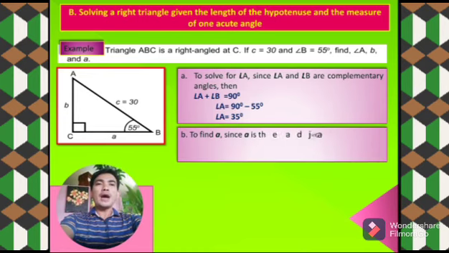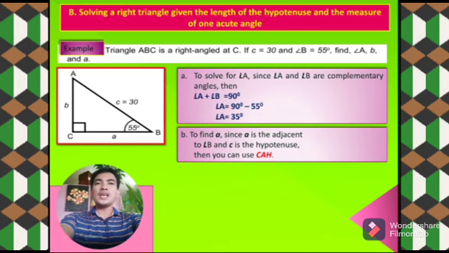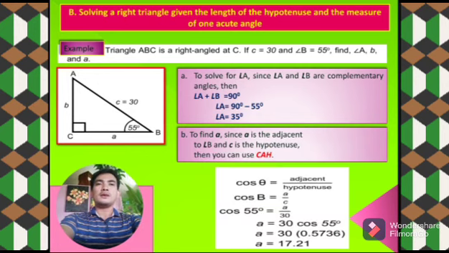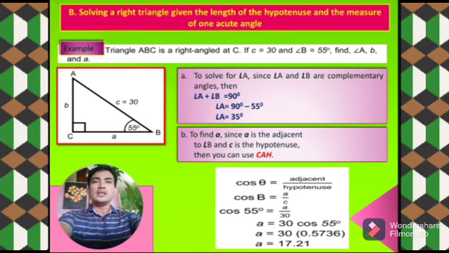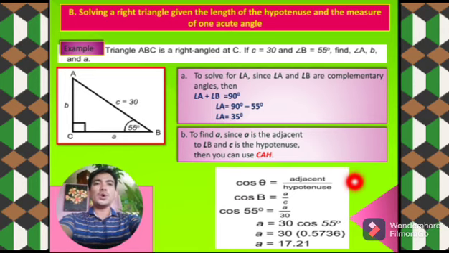Next step, to find A, since A is adjacent to angle B, and C is the hypotenuse, then you can use CAH, or the cosine. That's why we have here in our solution, cosine theta is equal to adjacent over hypotenuse. What is our adjacent there in our illustration? That would be our side A over side C. So as we substitute, you would have cosine 55 degrees is equal to A over 30.